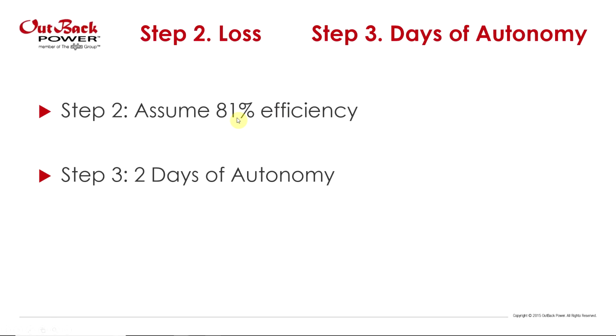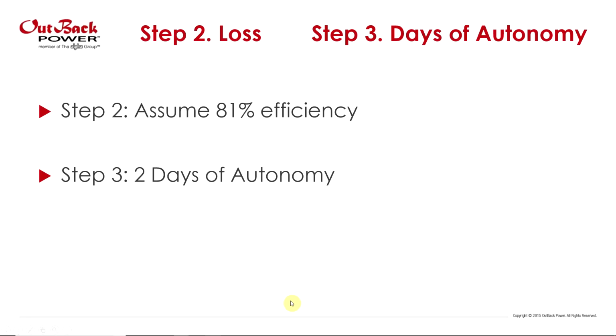As a designer, you'll need to do the research on how efficient your components are that you choose and make sure that you get the correct system efficiency. We won't do these calculations. We kind of did a little bit earlier, but we're going to assume our 81% efficiency. And then we already went over days of autonomy as well. Remember, days of autonomy is the number of days a battery system can run with no PV or other source.